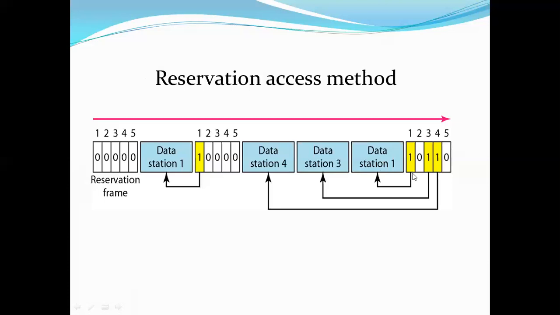That means it avoids collisions. In the second interval, only station 1 is reserved, so only station 1 can send the frame. So there is absolutely no collision at all. This is the meaning of the reservation access method.